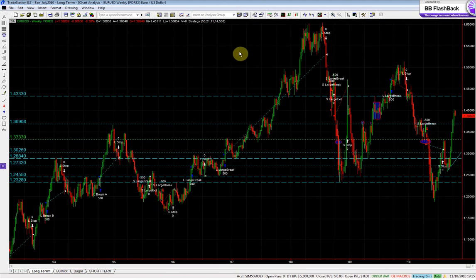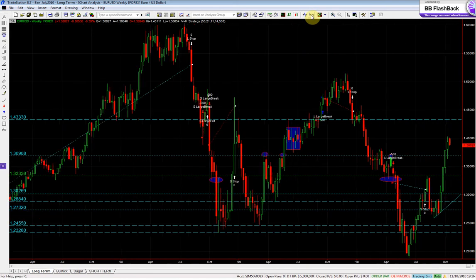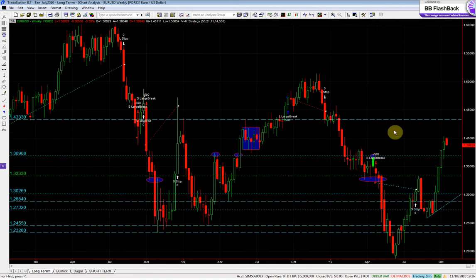So first of all, looking at the weekly chart of the euro dollar, our structure of 133.33 was broken 3 weeks ago.